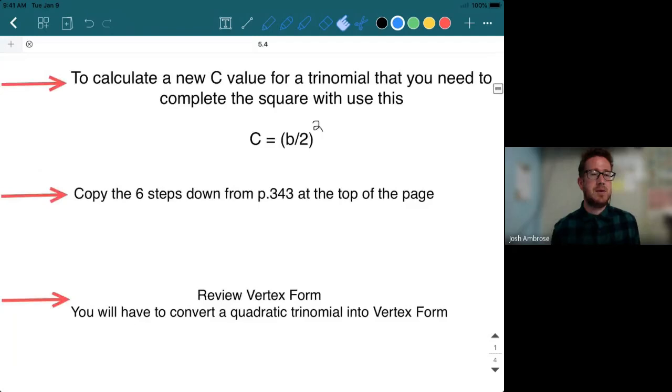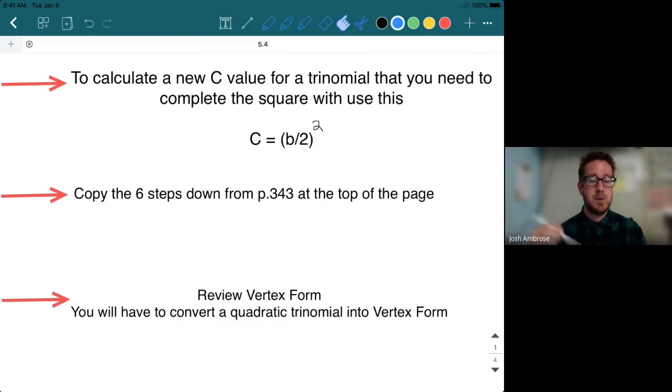One of the first steps in completing the square is finding a brand new value for c. Can you remember that the standard format for a quadratic is ax squared plus bx plus c? And that value of c is really important because a lot of times the way the problem is given, the value of c is not going to create what we're going to call a perfect square trinomial.